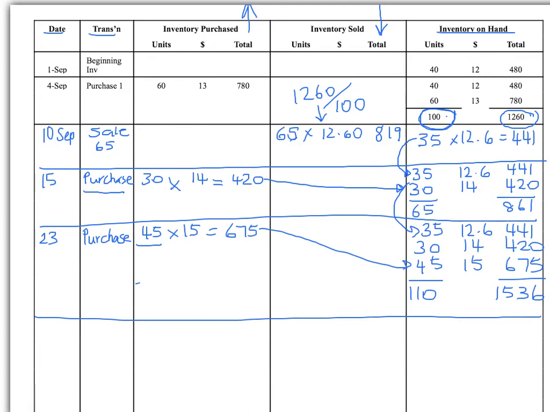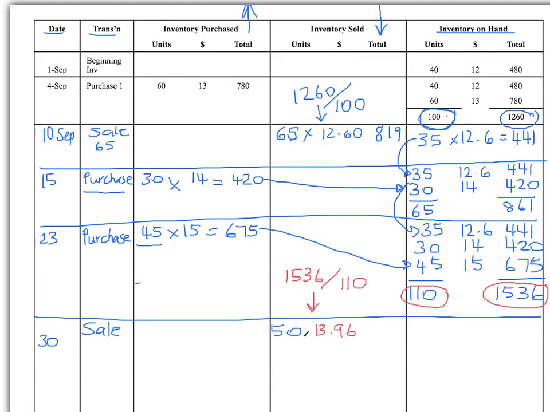And then our final transaction in this question is a sale. It says in the question that I've sold 50 units. And now I need to calculate what the average cost is. It's the total cost divided by the total units. Let's work that out. We round it to 2 decimal places and we get $13.96.